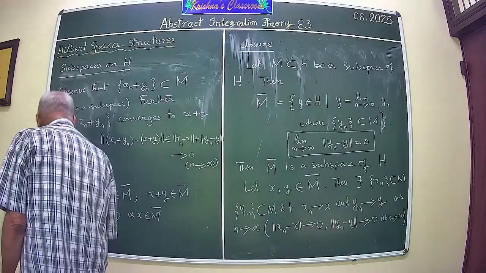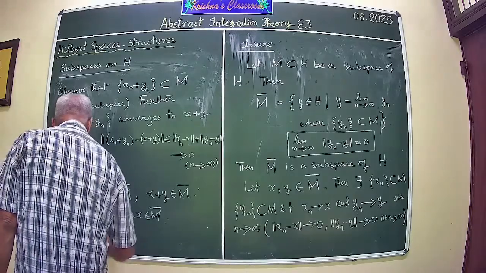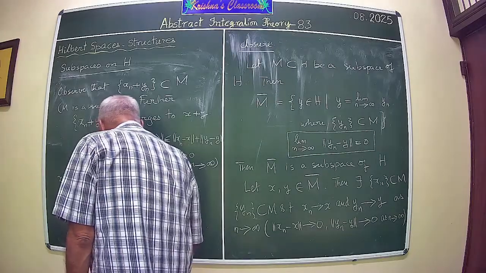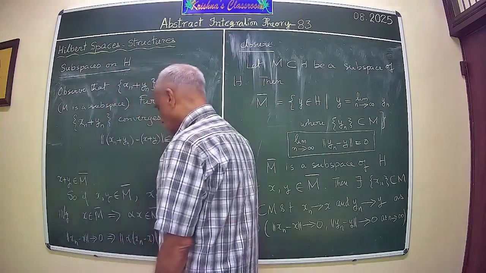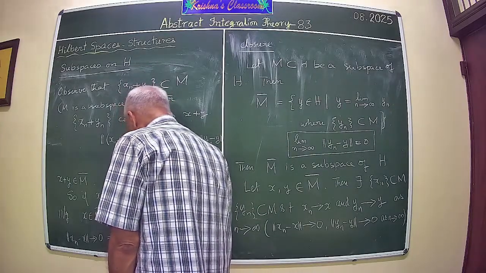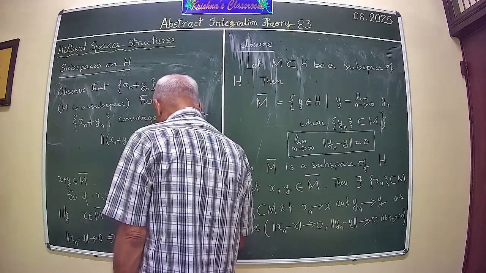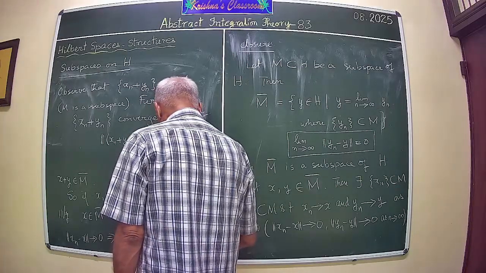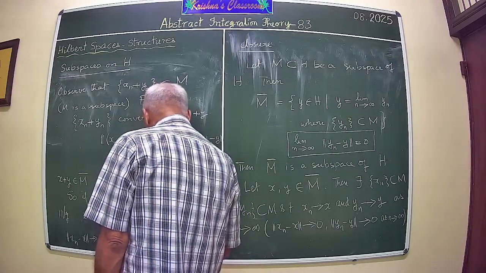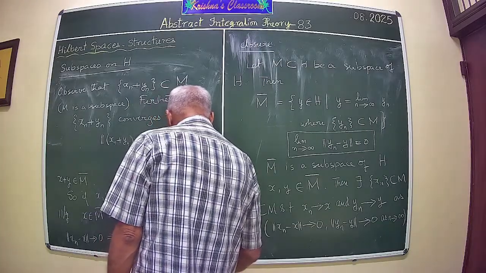This is because the norm of alpha xn minus alpha x goes to 0 as n tends to infinity.